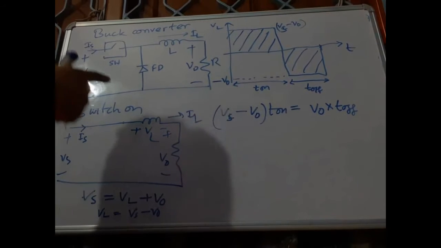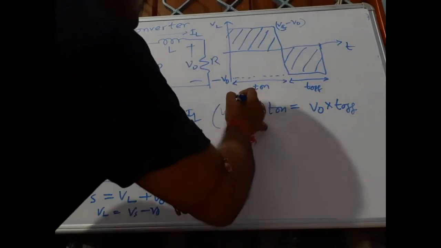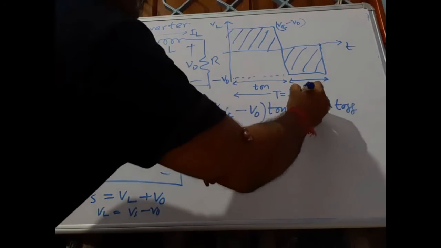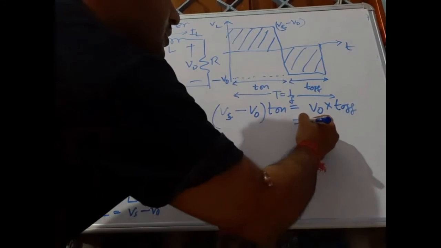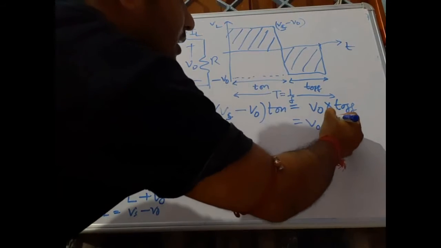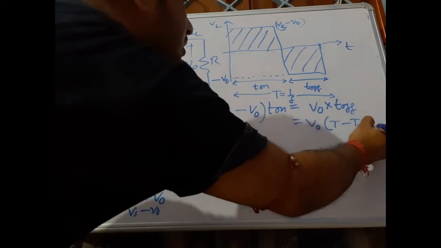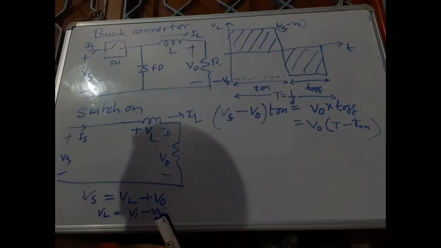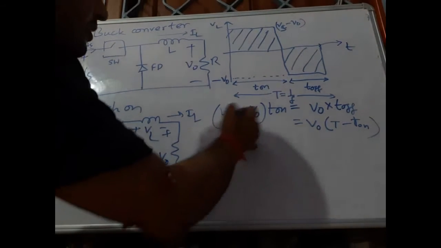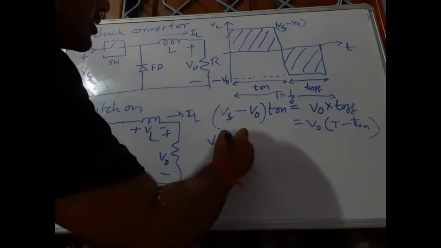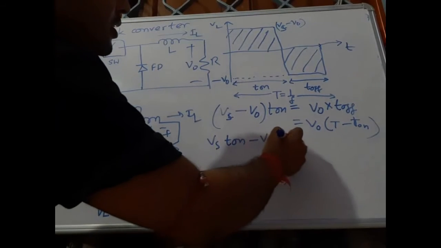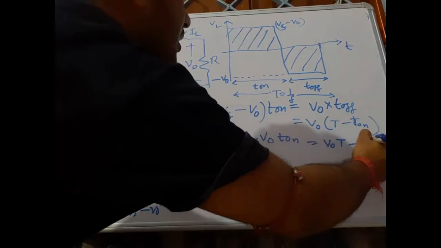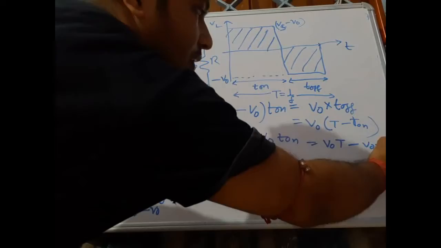Okay, now if the switching frequency say F, and this is the switching time T, this T off can be written as T minus T on. Now if we just multiply these things, Vs into T on minus V naught into T on is equals to V naught into T minus V naught into T on, right?